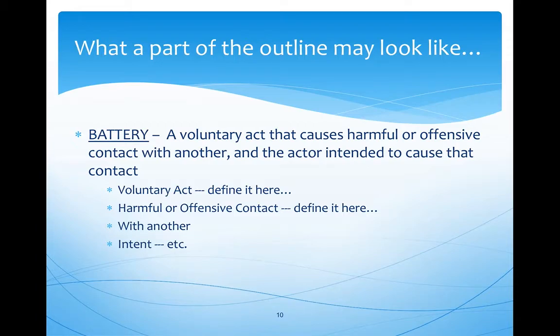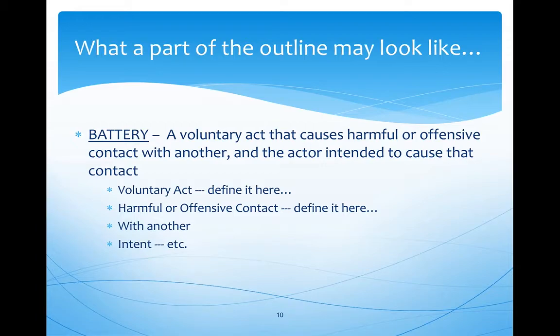So we take each one of those elements. The voluntary act, you define that here. That means acting with volition as opposed to without volition, involuntarily. Harmful or offensive contact, define what that means. With another, and then intent. So we're bringing out each one of the elements from that rule.